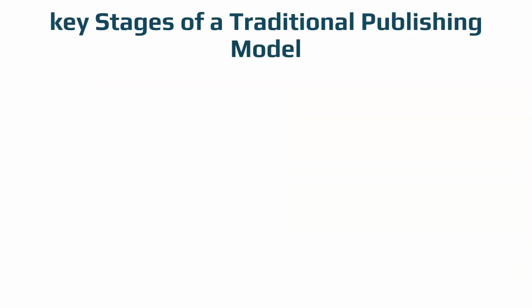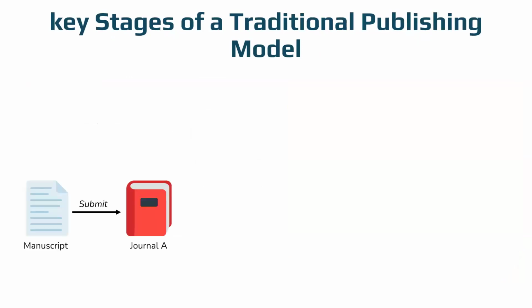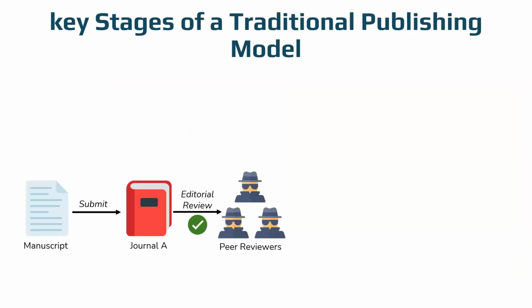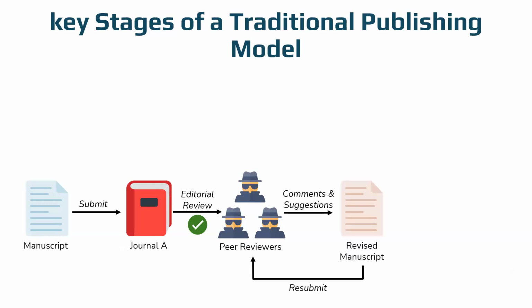So as we know, the traditional publishing model has many stages. The first stage is the submission. So you have a manuscript, you submit it to the journal, let's say journal A. After editorial review, if they think that your manuscript is within the scope of the journal, then it's sent to peer reviewers. Then the peer reviewers send comments and suggestions, and then the authors revise the manuscript and resubmit it.